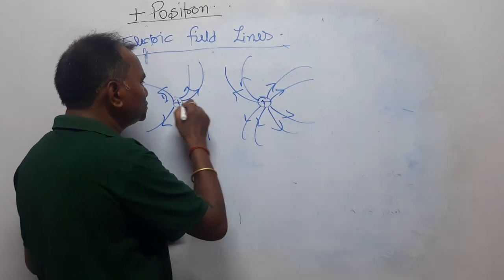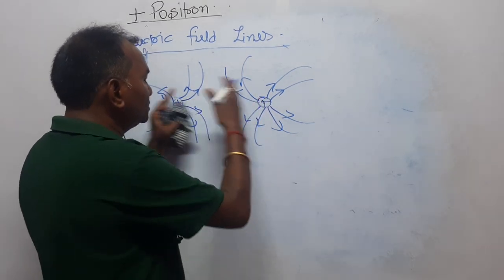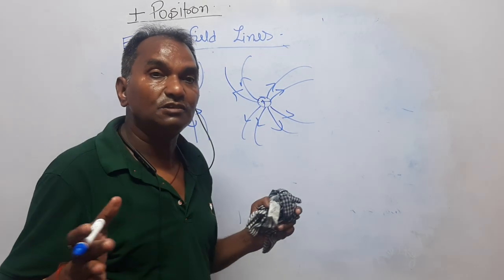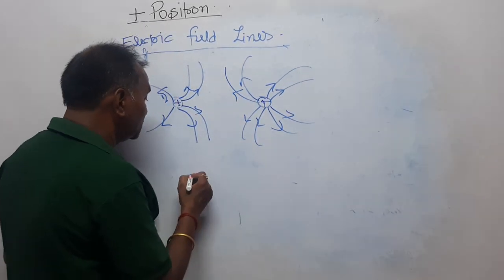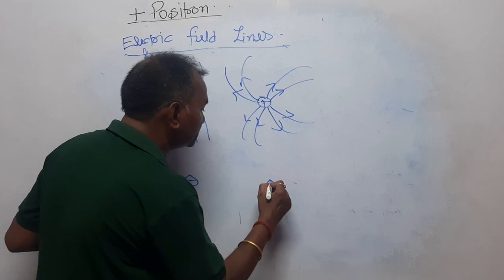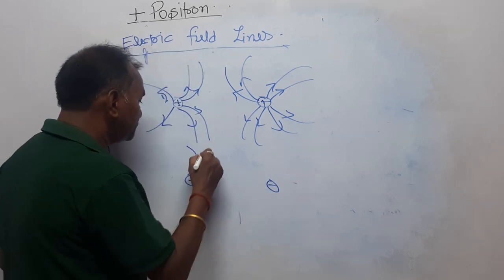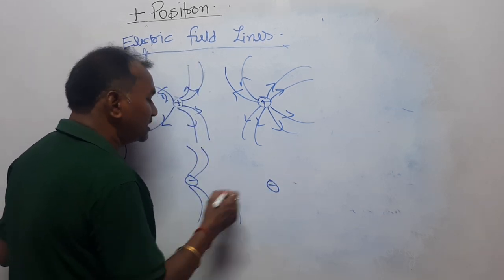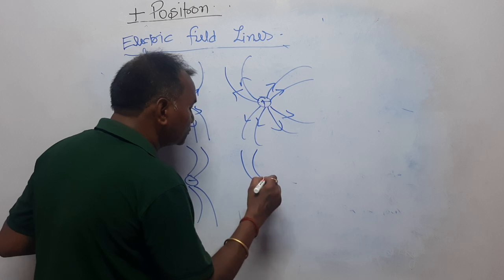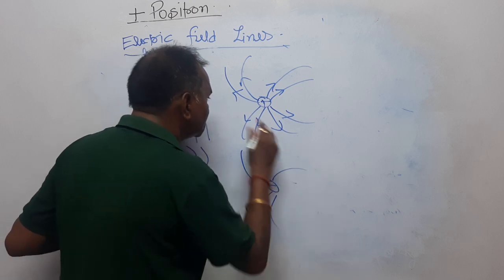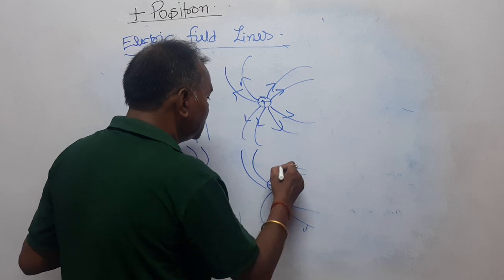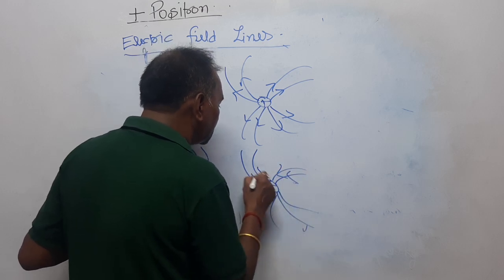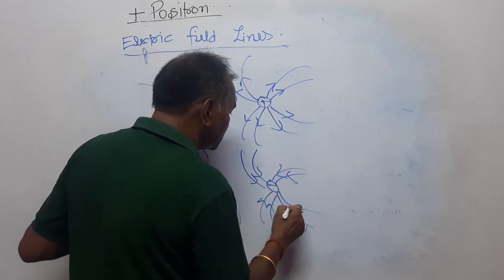Now these two charges repel. That is why these field lines will repel each other, right? They are the same charges. In a similar way, if you consider two negative charges, then the field lines will be repelled and will not meet each other in the same pattern here, but the difference will be that field lines will end at the negative charge, right?